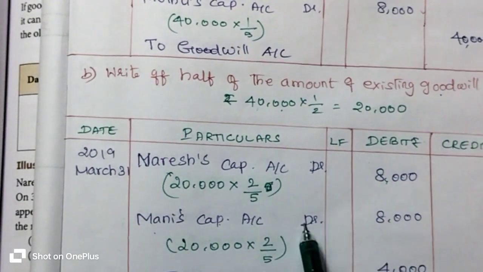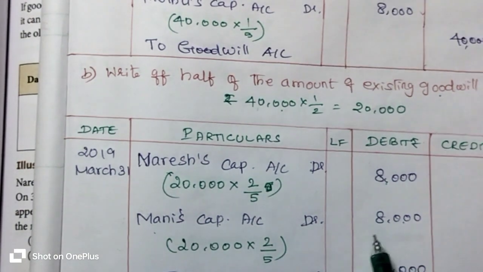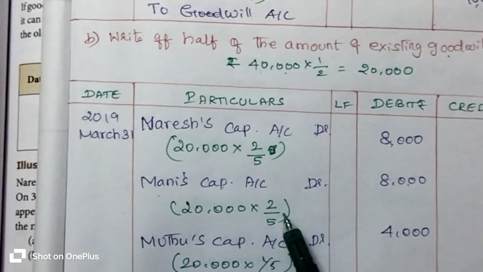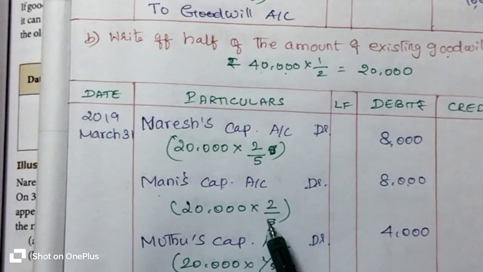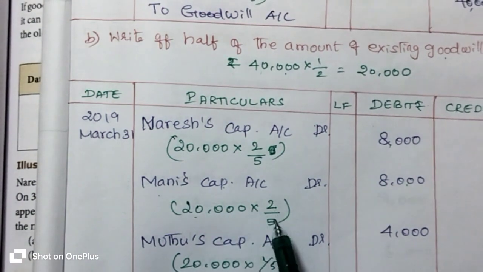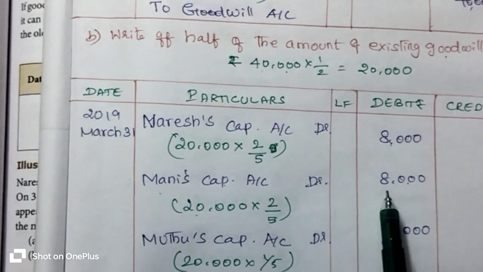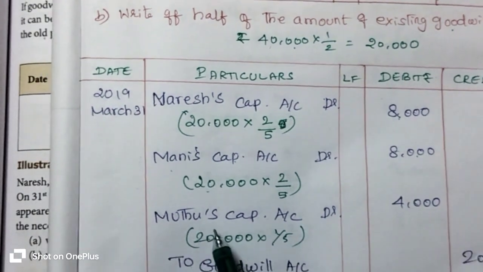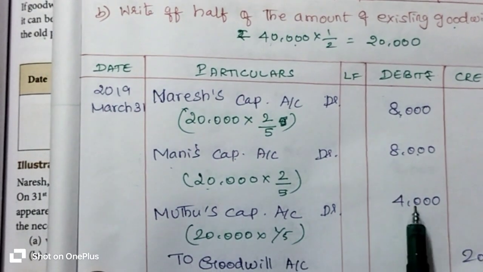And Mani's capital account debit, the same 8,000 rupees. Why? Because Mani also has the same gaining ratio of 2/5. So 20,000 rupees into 2/5, after cancelling, you will get 8,000 rupees. And Muthu's capital account debit 4,000 rupees.